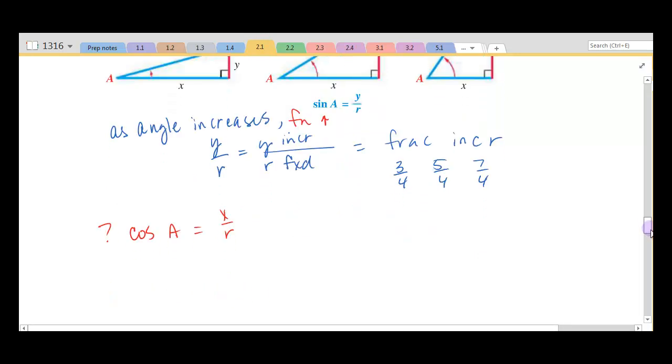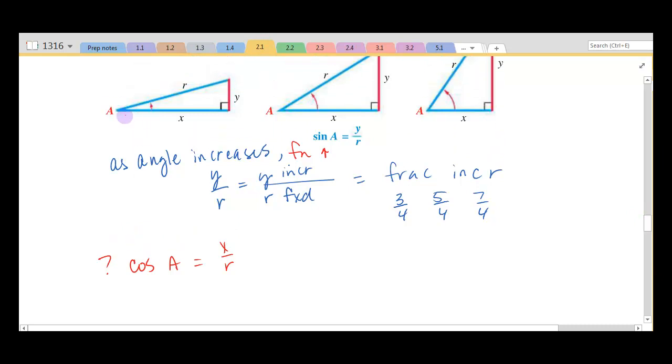Notice what's happening to the side where x is. In each of these triangles, as my angle was increasing, x is getting shorter. So x is decreasing as r stays the same. So if my numerator is getting smaller but the denominator stays the same, then my fraction is actually decreasing.